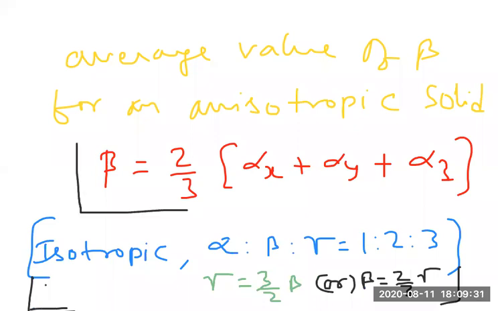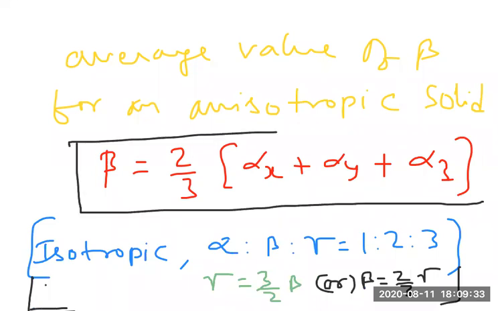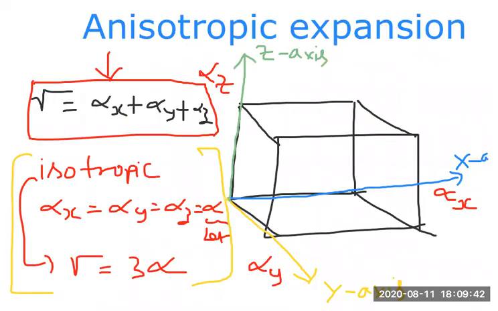Now what is our conclusion? Beta is equal to 2 by 3 times alpha x plus alpha y plus alpha z, because beta is equal to 2 by 3 gamma. We know our gamma value is alpha x plus alpha y plus alpha z. In 3 dimensions, along x axis alpha x, along y axis alpha y, along z axis alpha z.